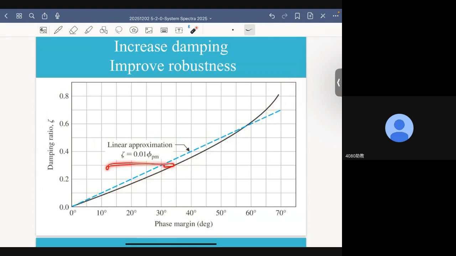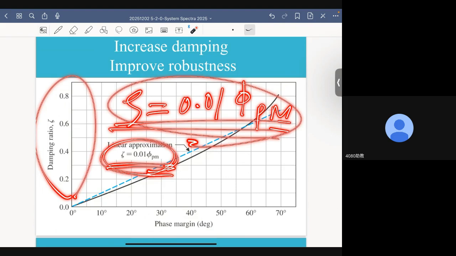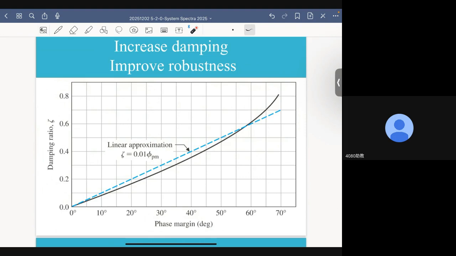And this blue broken line can be represented as eta equal to 0.01 times phase margin, which means in this region, damping ratio and phase margin are actually proportional, positively correlated, all right?